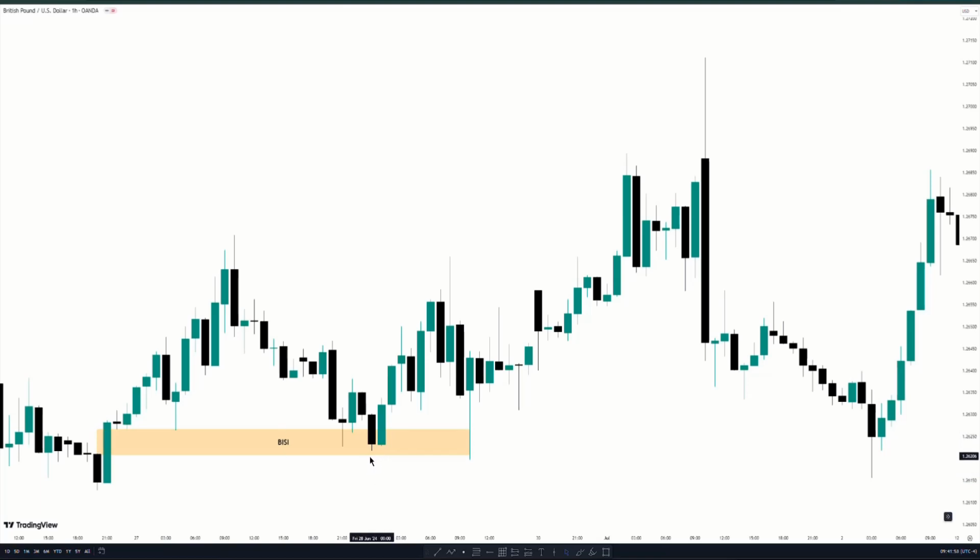Here, this is a void. It needs to be filled. It's a void, it's an imbalance. So you see in most cases candles just spiking down and then going to the upside like this. It can even stretch out like that. The market will just be playing around here.